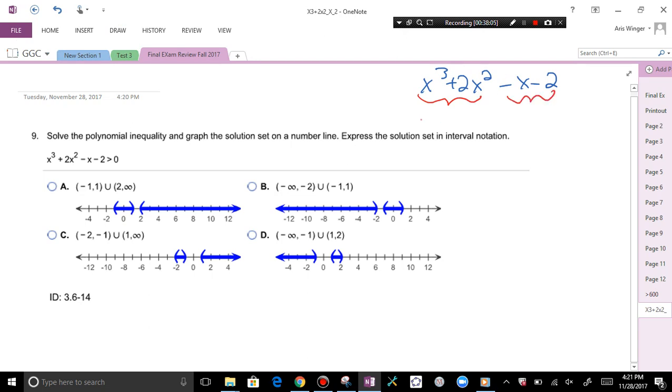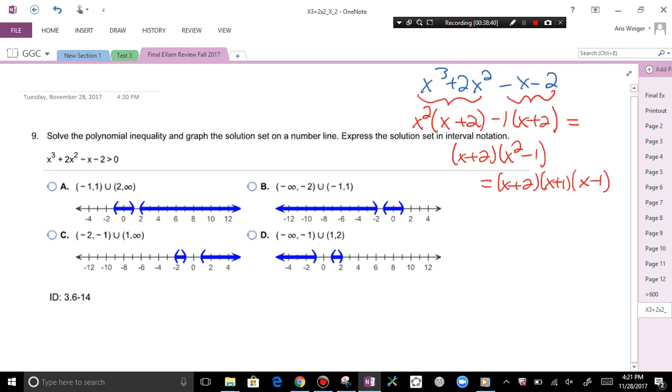We'll notice that they both have x squared in common. Here, they both have a -1 in common. We did factor by grouping some time ago. And then we'll notice that they both have x plus 2 in common. And then we can factor one more time, and this is x plus 2 times x plus 1 times x minus 1.